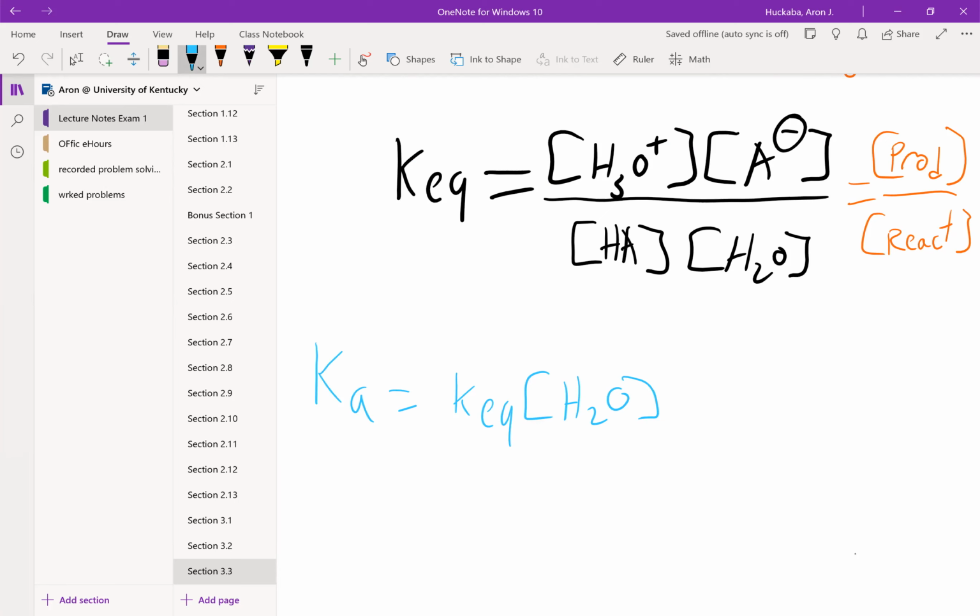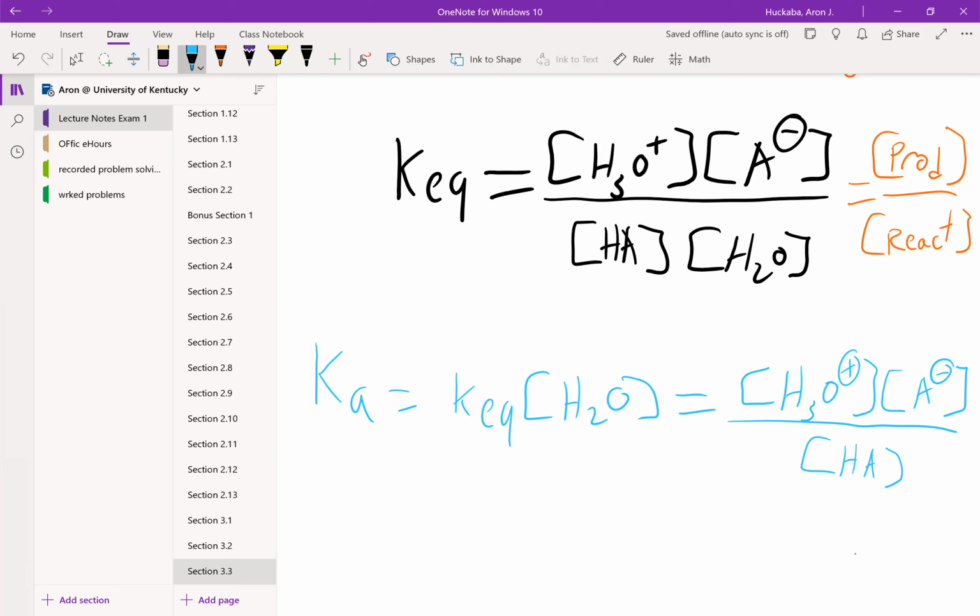So that means that we can then simplify the Ka equation to simply being the concentration of the H3O plus and A minus that are formed, because they should be equal, all over the concentration of undissociated HA.